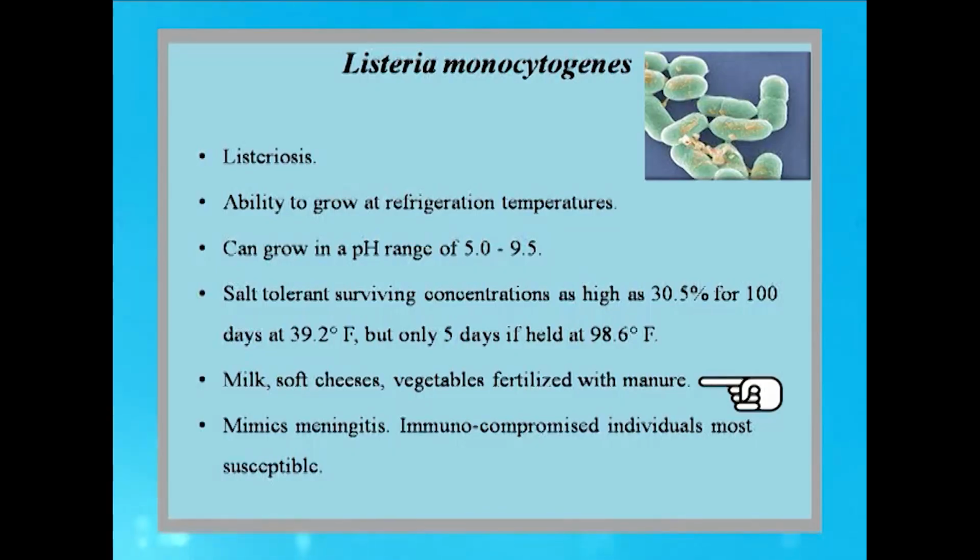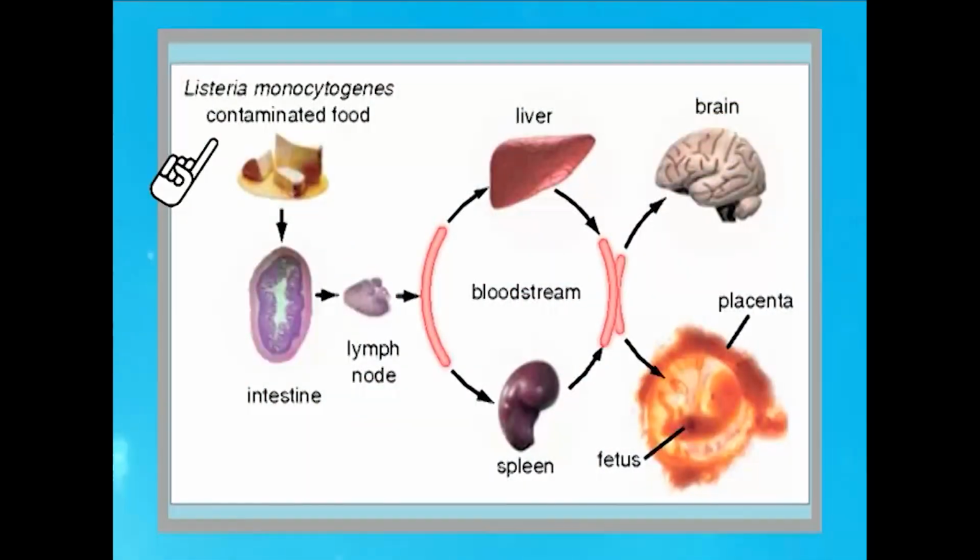Now, this food poisoning mimics the symptoms of meningitis and is also found to be a risk in immunocompromised individuals. Listeria monocytogenes, when present in the contaminated food, comes into the intestine of the human and through the lymph node reaches the bloodstream.